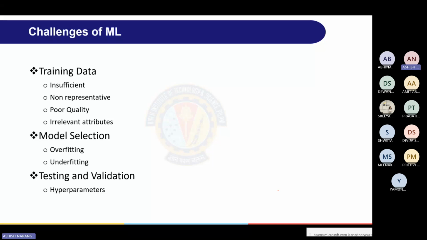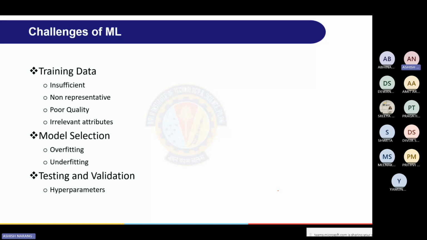Okay, what are the challenges that may exist when you say, okay, I'm going to apply machine learning? When I talk about training data, it may be insufficient, or non-representative of what we want to model, so the training data does not contain the required information.